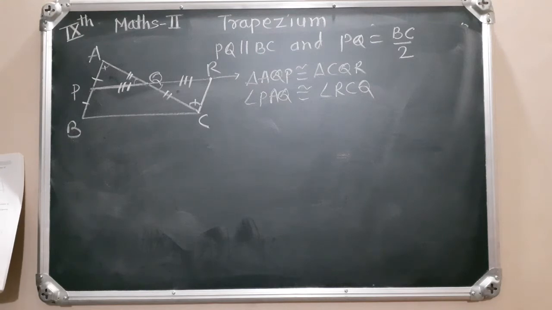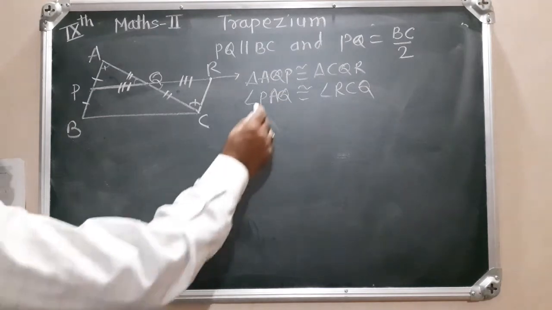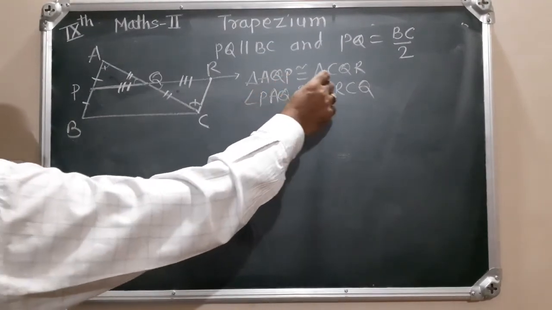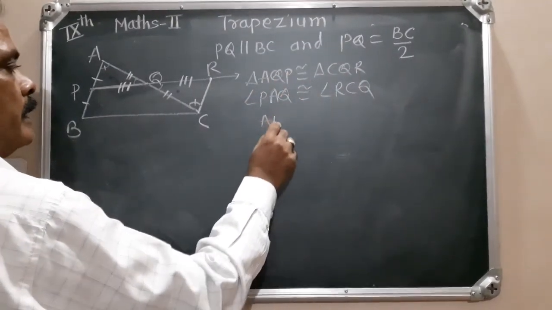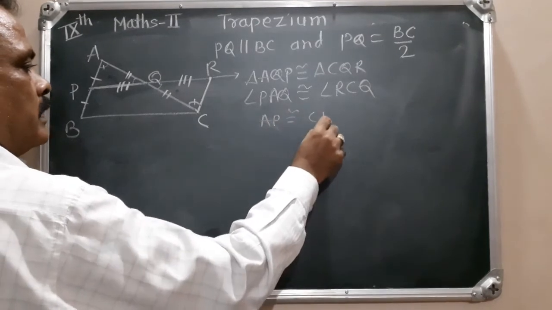Segment AP is congruent to CR, corresponding sides of congruent triangles.